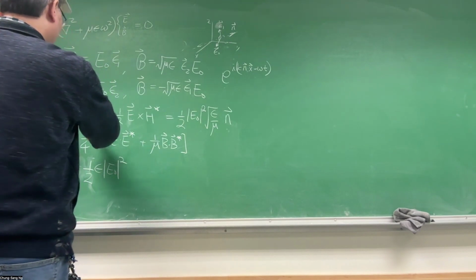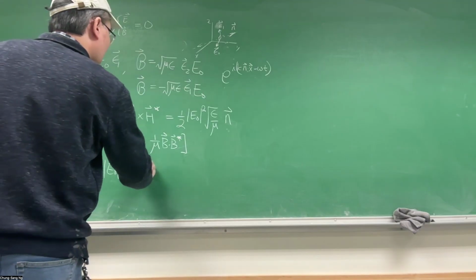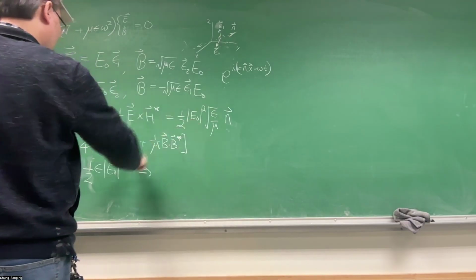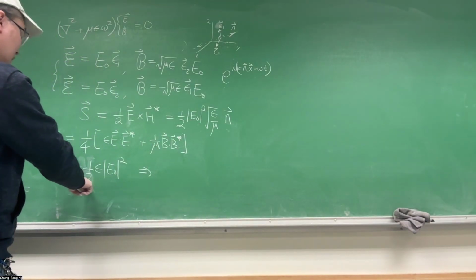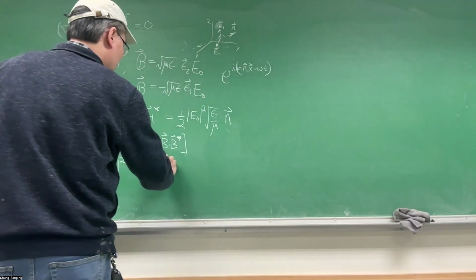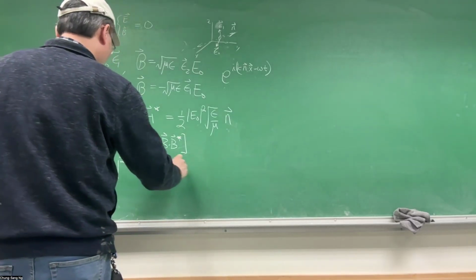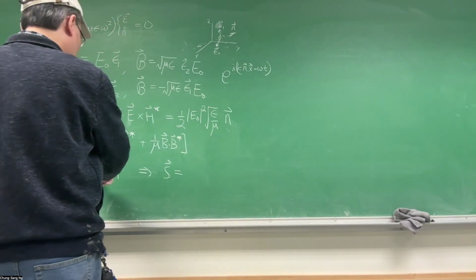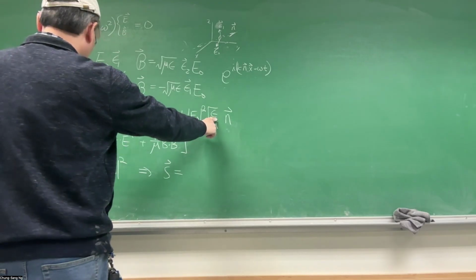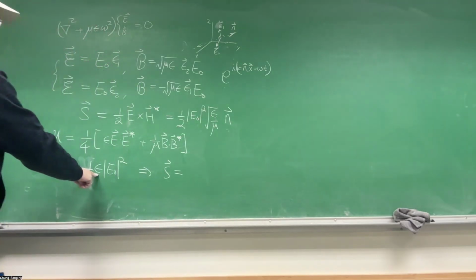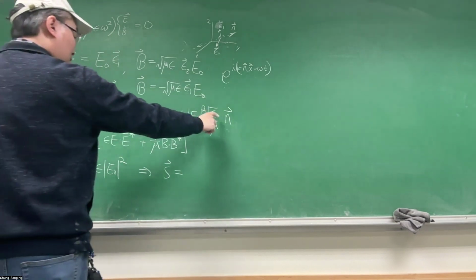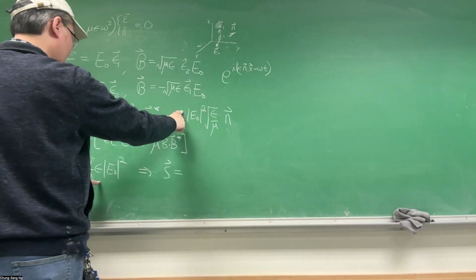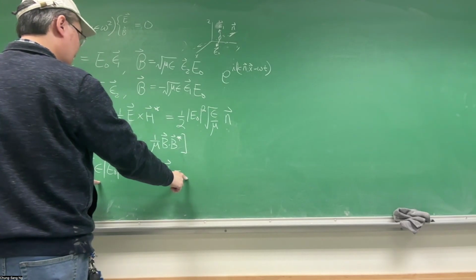And also, you now see that from this S and U, because both have the same E sub 0 magnitude squared over 2, you can say S equals U times these factors, but there is epsilon here, right? So up to here, this one multiplied by epsilon is U. So you need to divide it by epsilon.